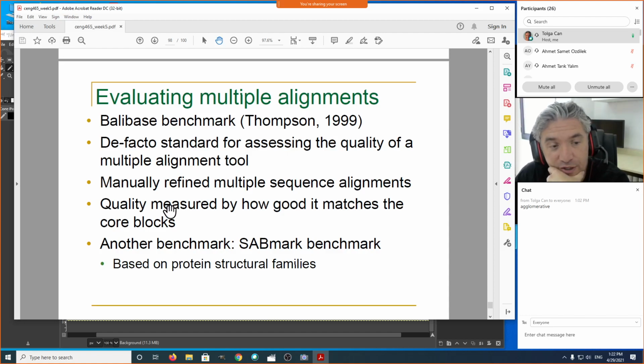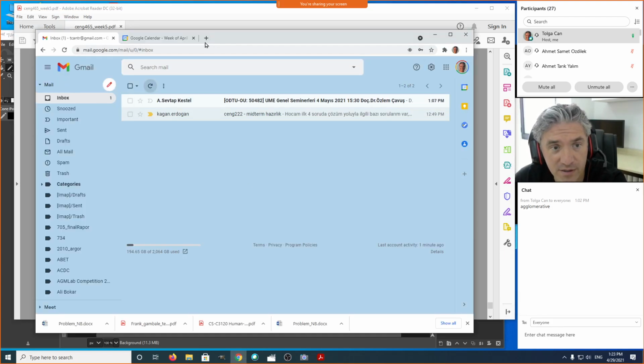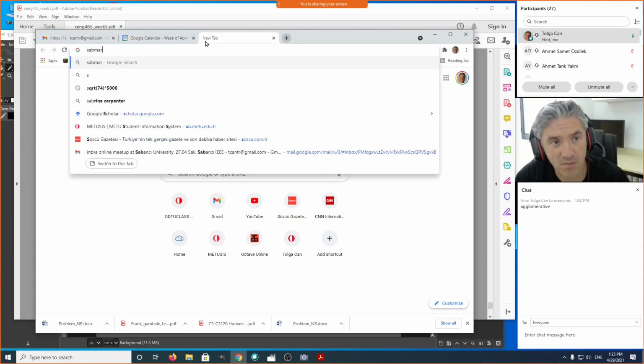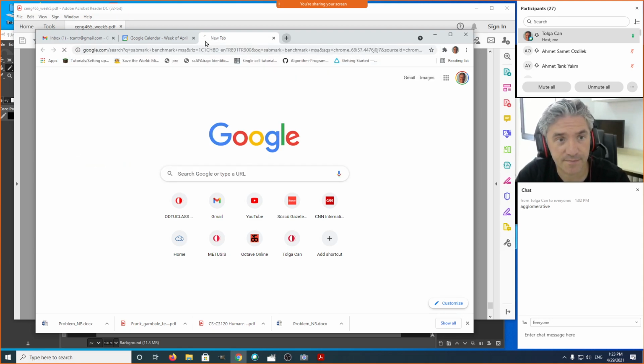When you're comparing several algorithms using this benchmark, you see how well these algorithms capture the conserved blocks in BAliBASE. There's another benchmark, the SUBMARK benchmark. Let's see whether it still exists or not. SUBMARK benchmark, MSA.